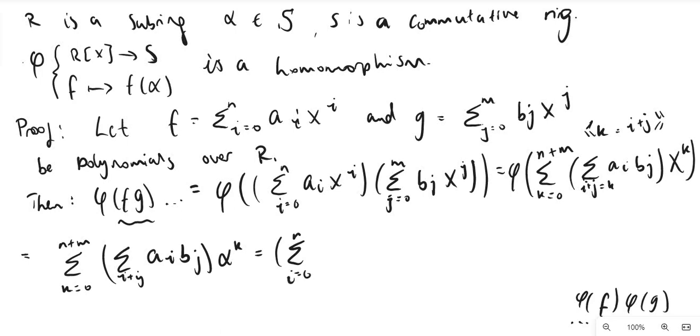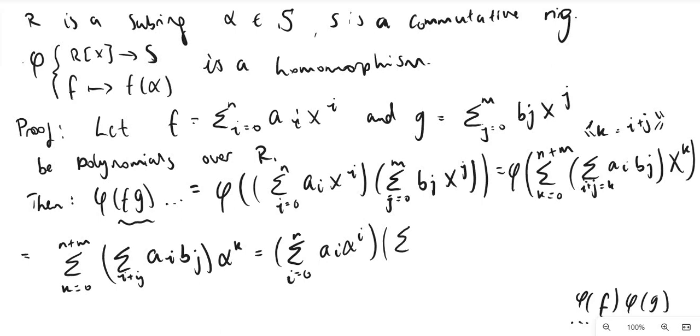Sorry, that's not neat enough. And we have a_i, alpha to the i, and I'm going to expand it out like so. So to a_i and b_j, we're going to apply the polynomial to the summations. So we have two separate summations now.